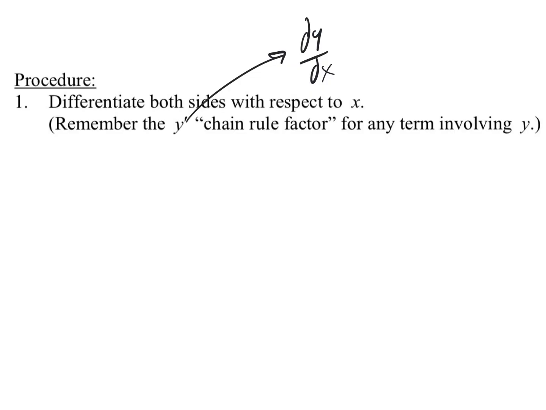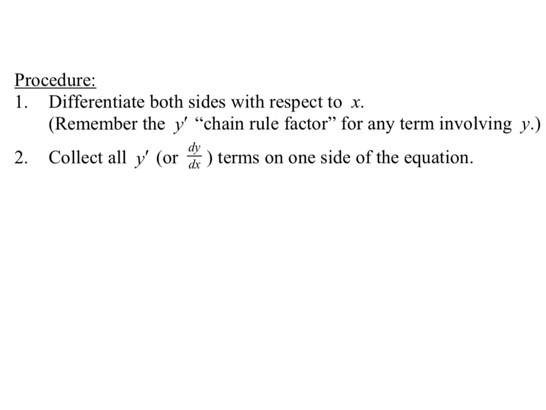And then after you do that, you take all the dy dx's that are involved and you get them together on one side, you get all the other terms on the other side. Because what we're going to do is solve for dy dx, since that's what we're trying to find anyway. And then from there you factor out the y prime or the dy dx and isolate it. And then we're done.